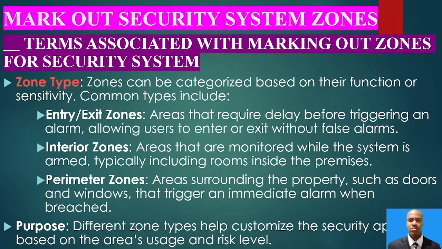Then we have the perimeter zones, areas surrounding the property such as a door or a window, and these areas can trigger an immediate alarm when there is a breach of the security system. So the purpose of having a zone type is to differentiate different types of zones, which helps to customize the security approach based on the area's function and the risk level.